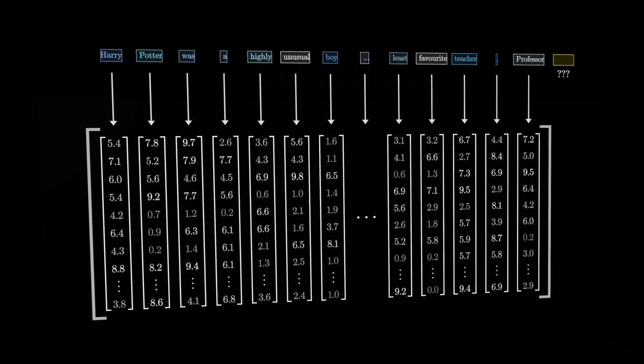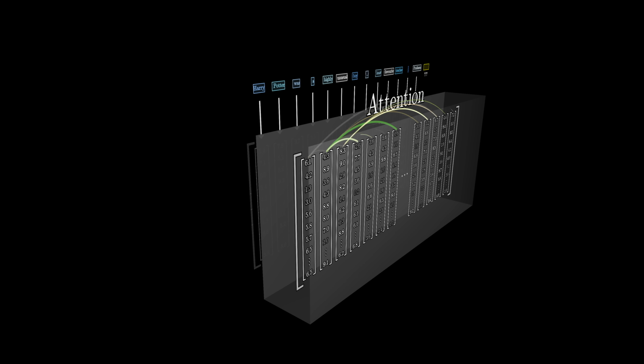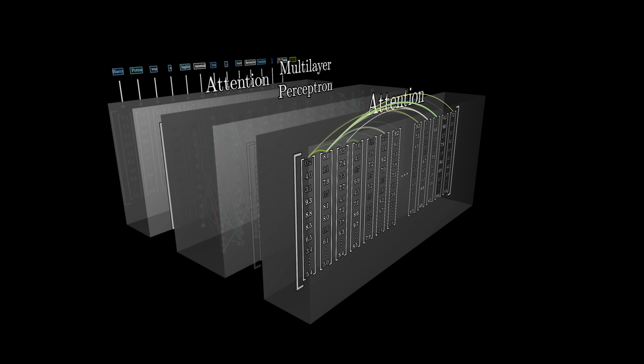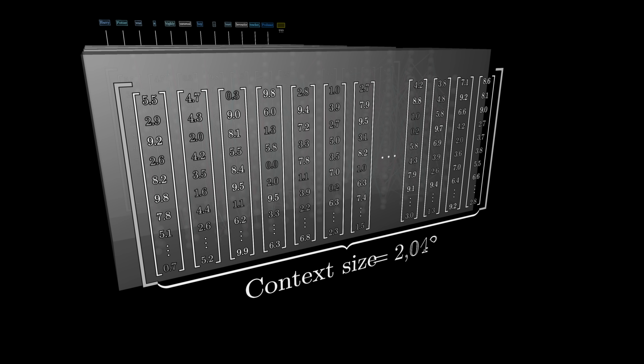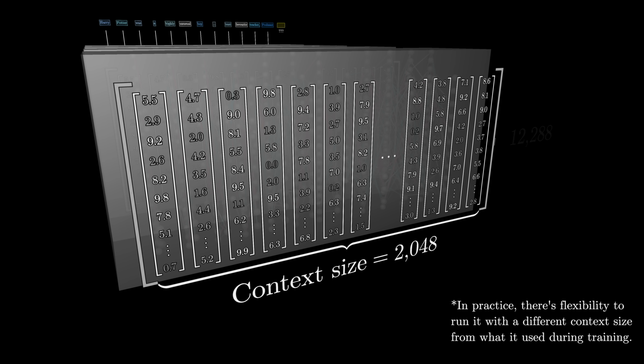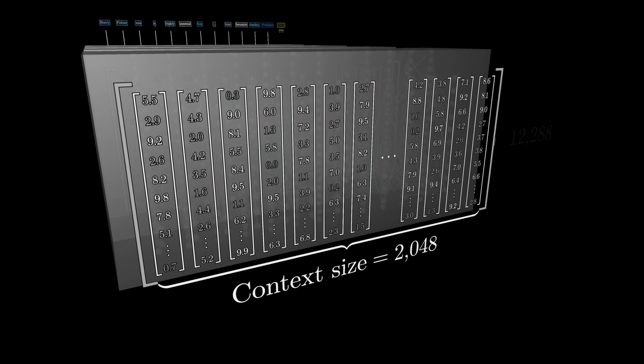But you should think of the primary goal of this network that it flows through as being to enable each one of those vectors to soak up a meaning that's much more rich and specific than what mere individual words could represent. The network can only process a fixed number of vectors at a time, known as its context size. For GPT-3, it was trained with a context size of 2048, so the data flowing through the network always looks like this array of 2048 columns, each of which has 12,000 dimensions.